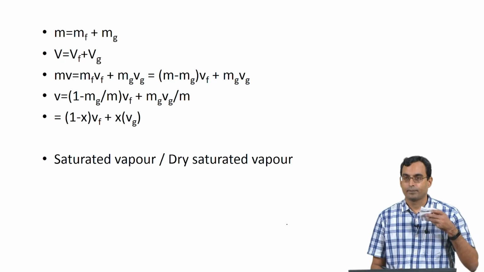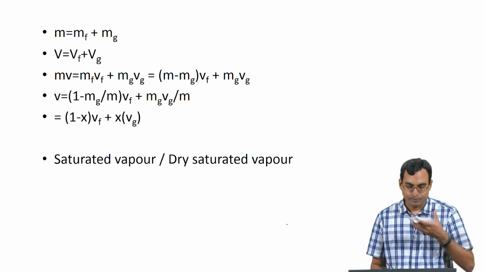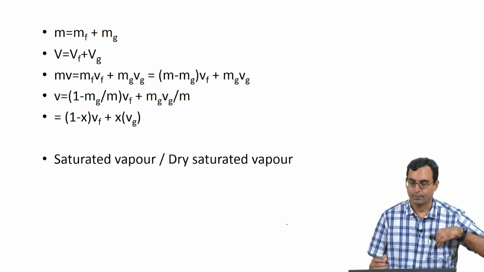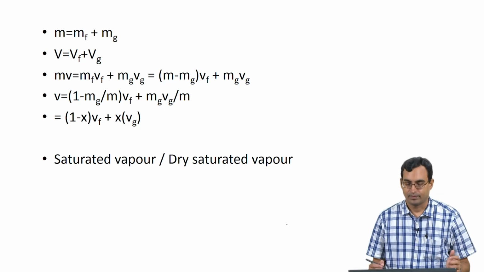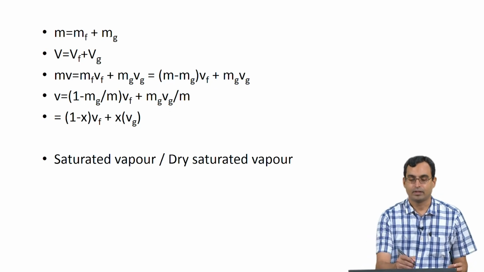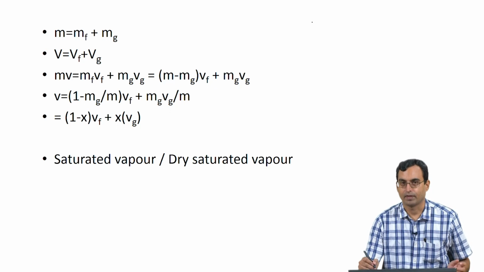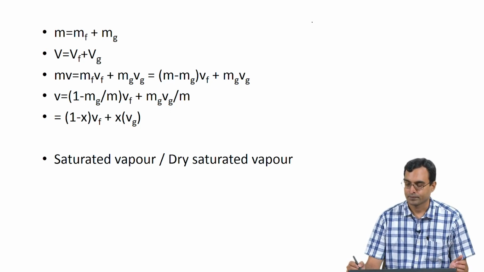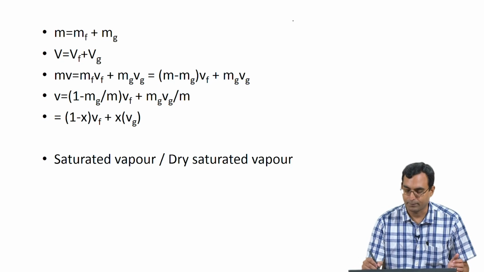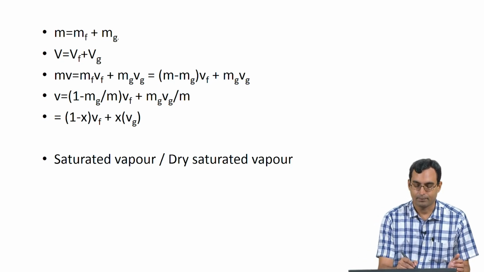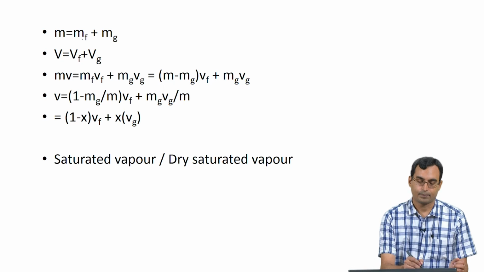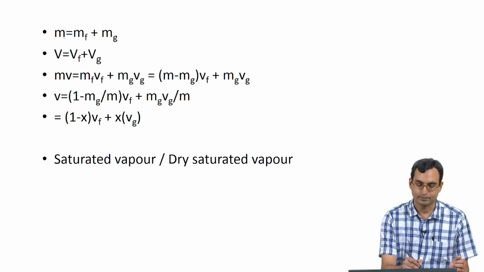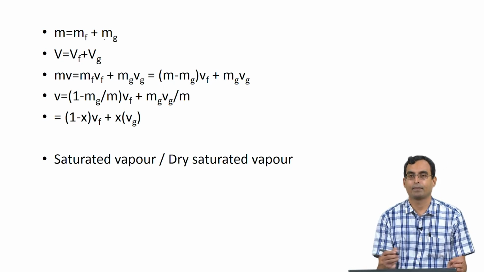So, in general, we use the alphabet f to represent liquid, it is fluid, and g to represent gas, which is vapor. This is traditionally the notation used in all the books. So, what we said as mass of vapor is represented as mg, the mass of liquid is represented as m subscript f. So, the total mass is mf plus mg.